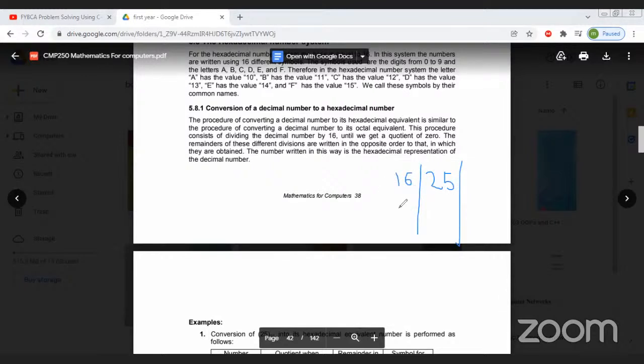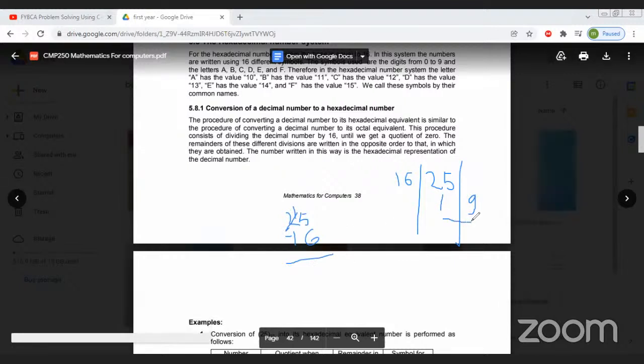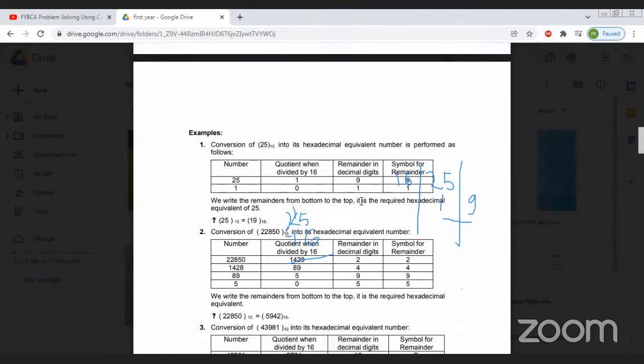So 16 twos are 32, but we need 16 ones are 16. So 25 minus 16 will be 9. So 9 is there, so we can write 9 as it is. So hexadecimal for 25 will be 19, correct? 19.